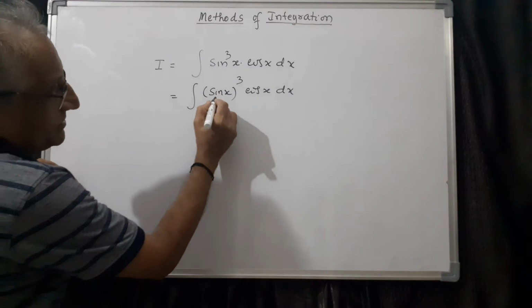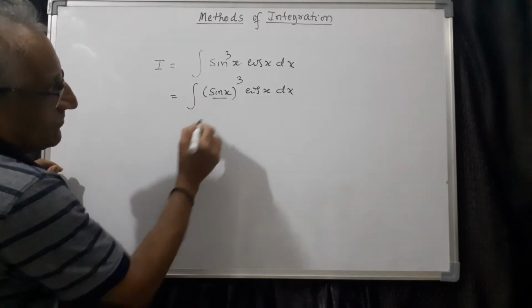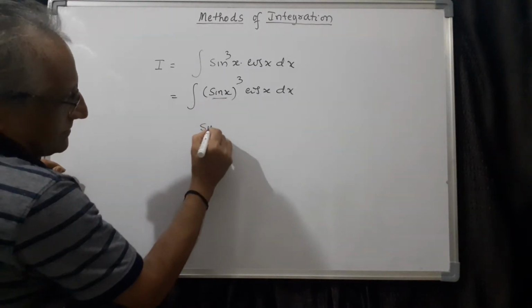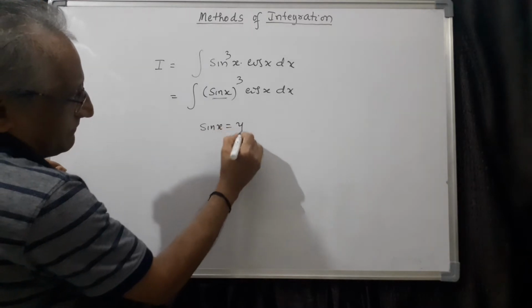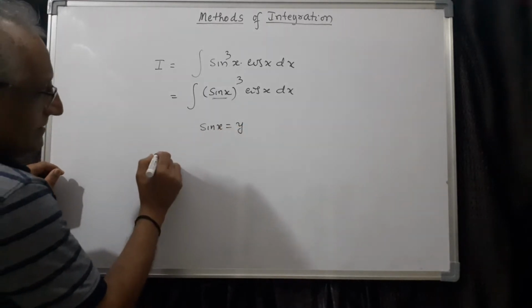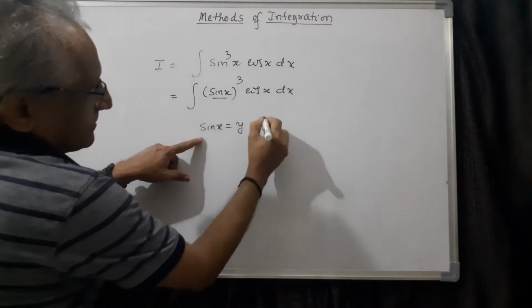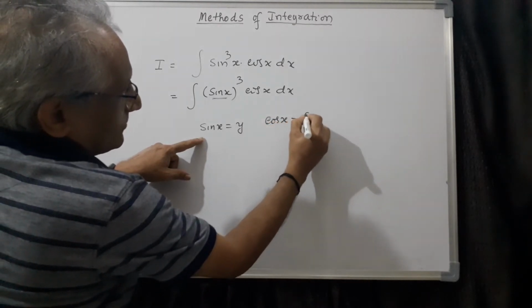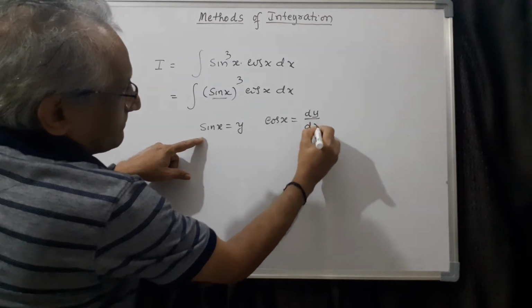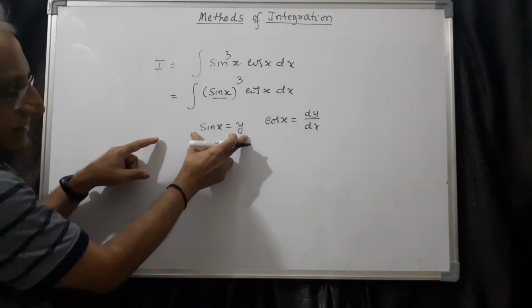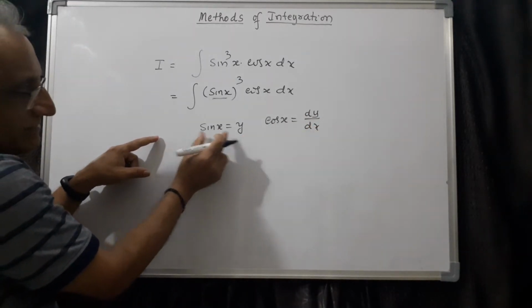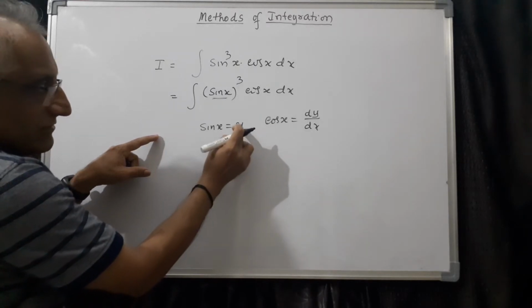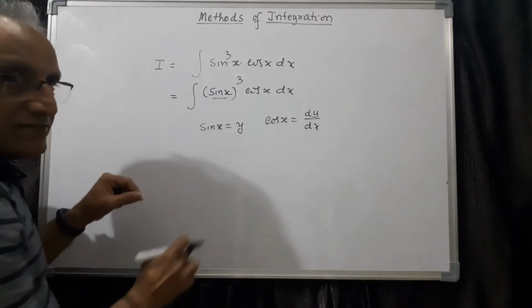Therefore, if you substitute sin x equal to y, then if you differentiate both sides with respect to x, sin x becomes cos x, and y is also a variable, therefore dy by dx. This we have studied in differentiation.